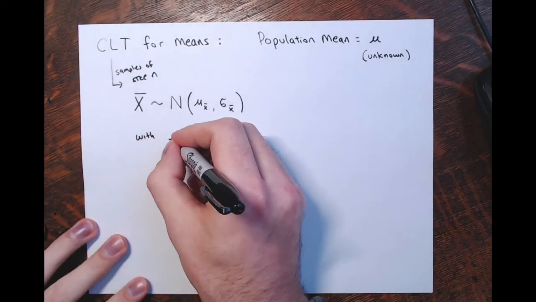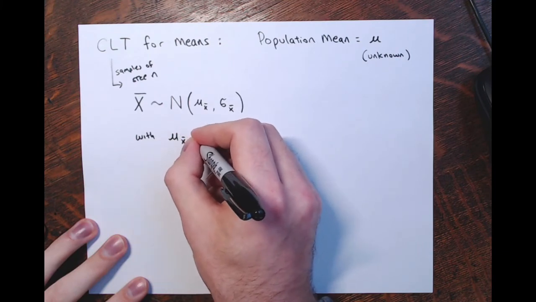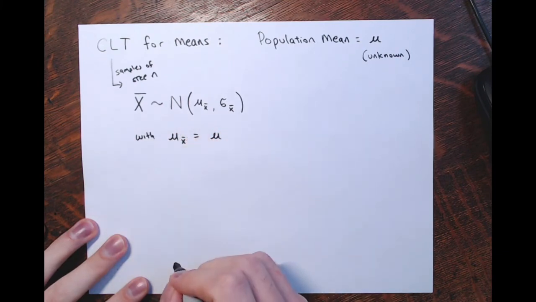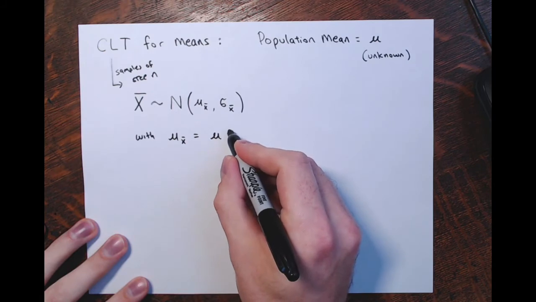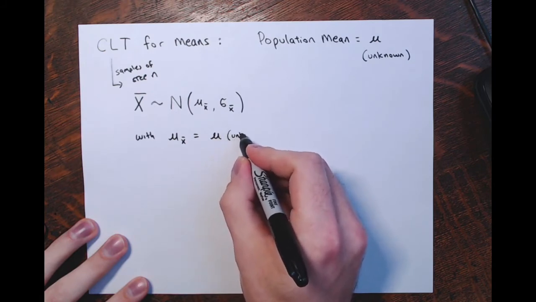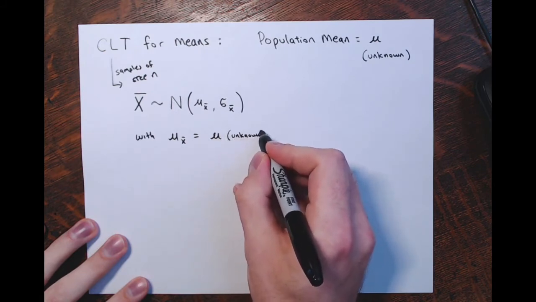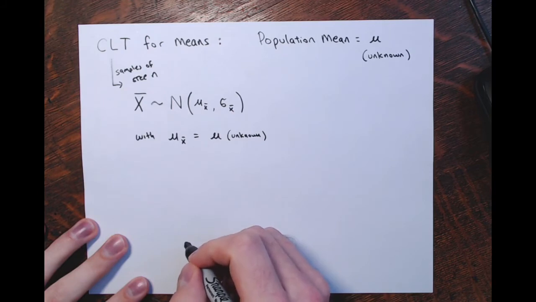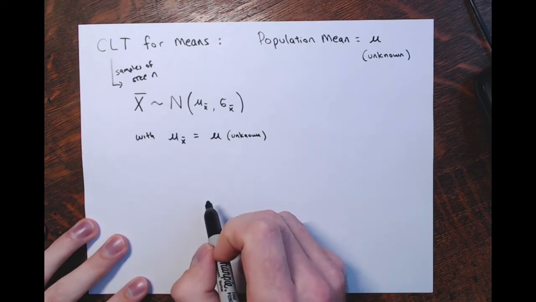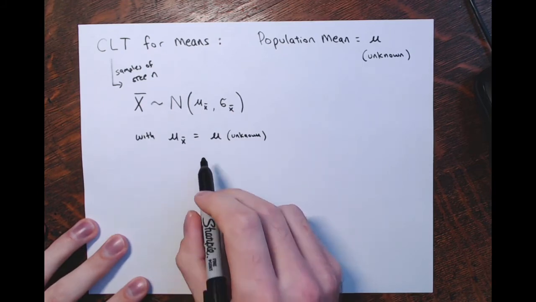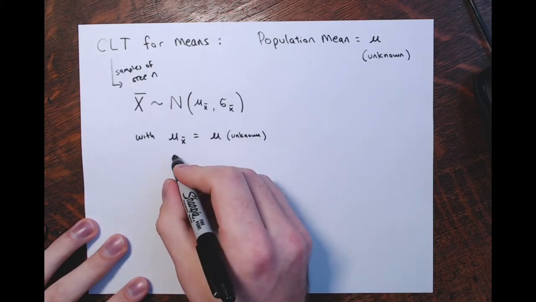The mean of all these sample means equals the mean of the population, but again, this is unknown, so we're going to use a guess at that. We're going to try to guess mu.